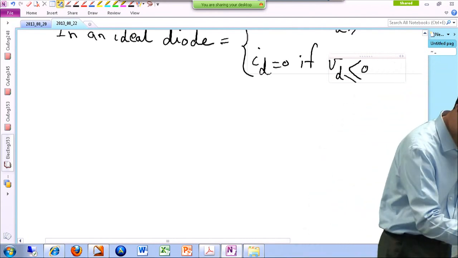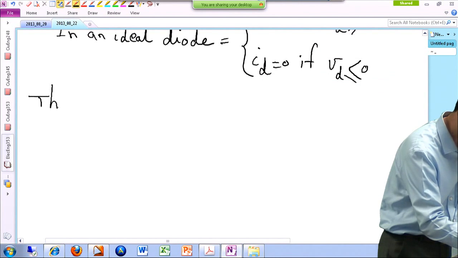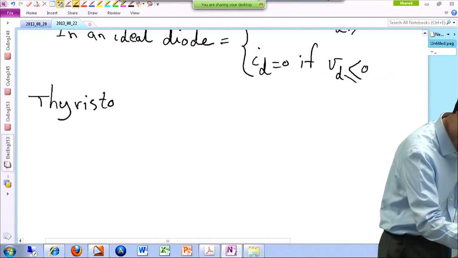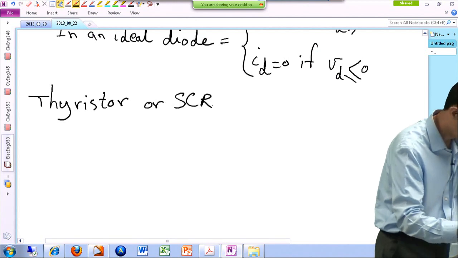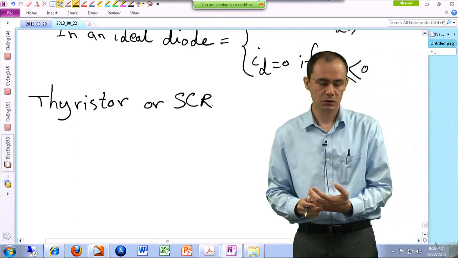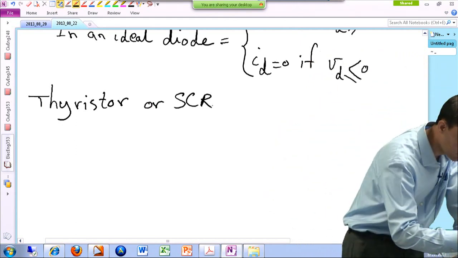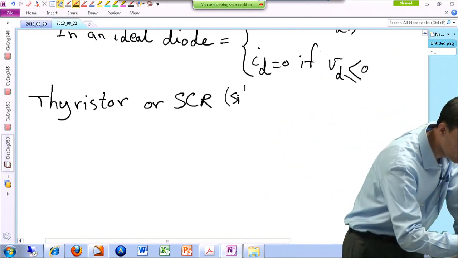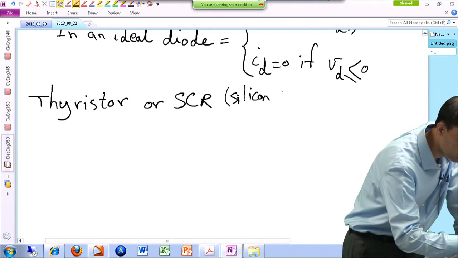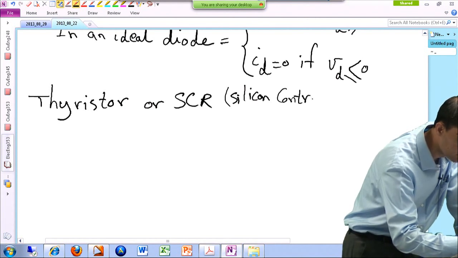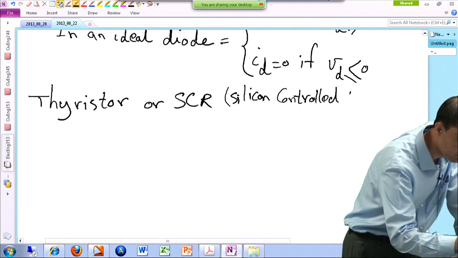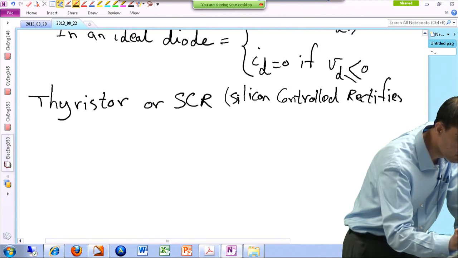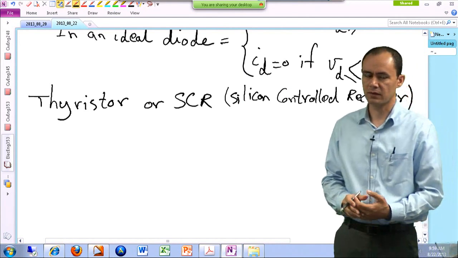This could probably be one of the newest things in this class so far, and that's a Thyristor, or it's called an SCR, which stands for Silicon Controlled Rectifier.